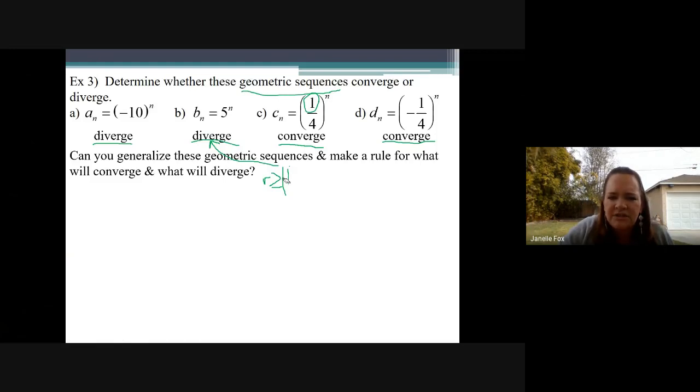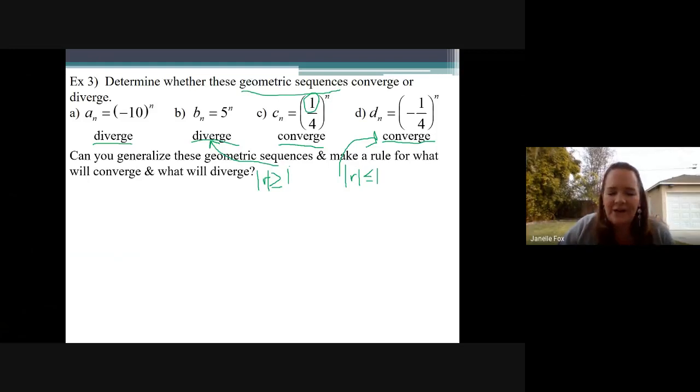It's supposed to be the absolute value of R. So if the absolute value of R is greater than or equal to 1, it is going to diverge. It does not even matter if it's positive or negative. If the absolute value of R is less than 1, then this baby is going to converge. You might want to add that to your notes as a rule.